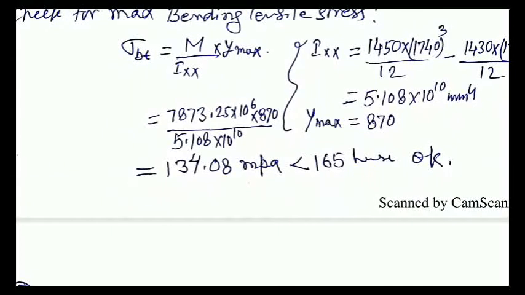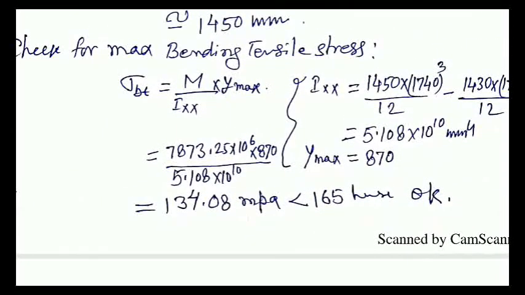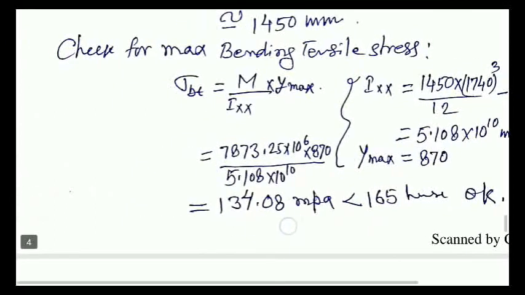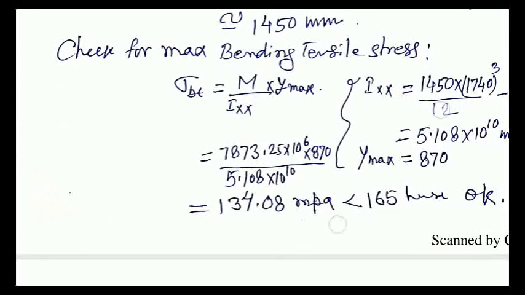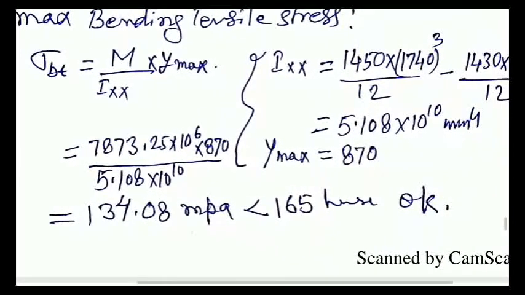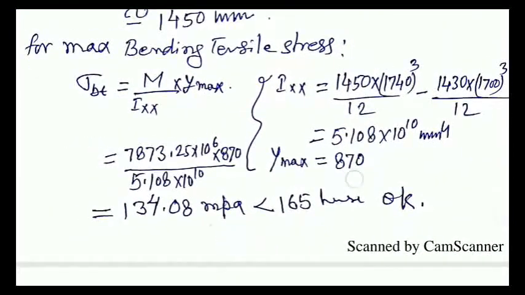Hence putting the values in the equation, sigma bt comes out to be 134.08 MPa, and the permissible is 165, hence it's okay.